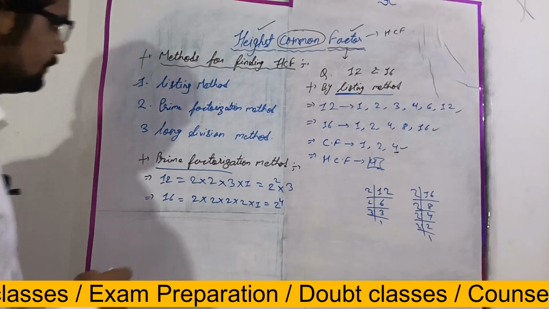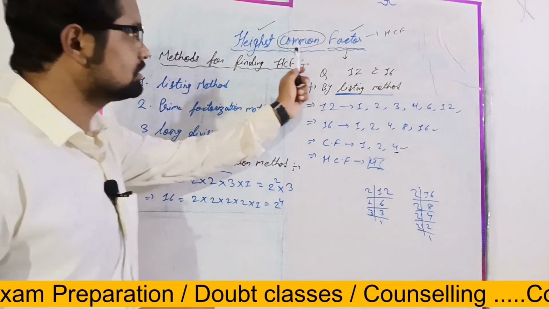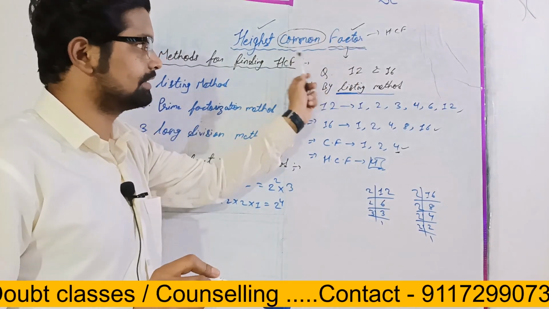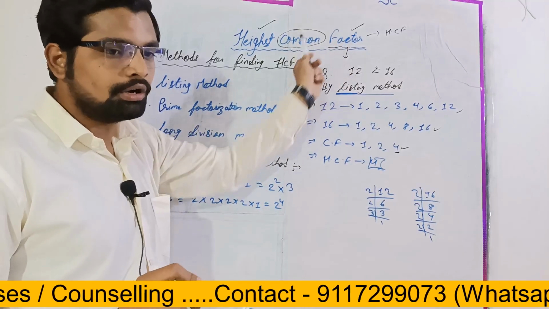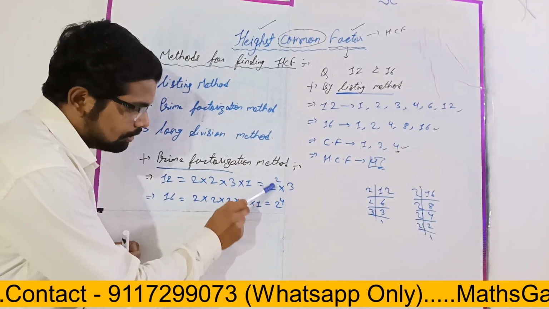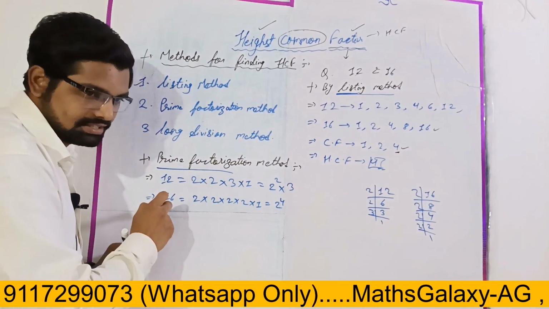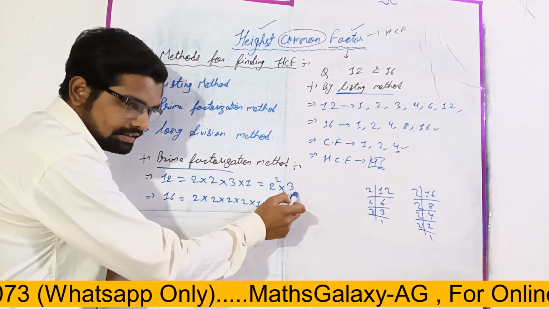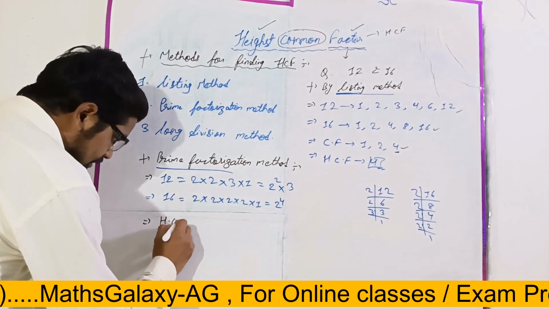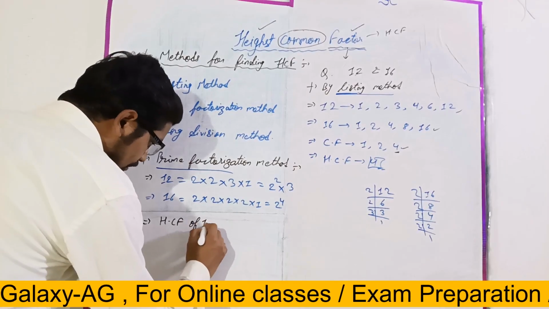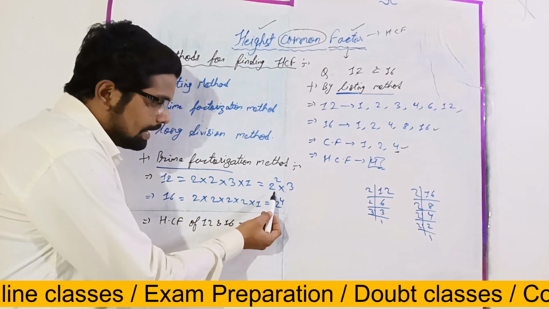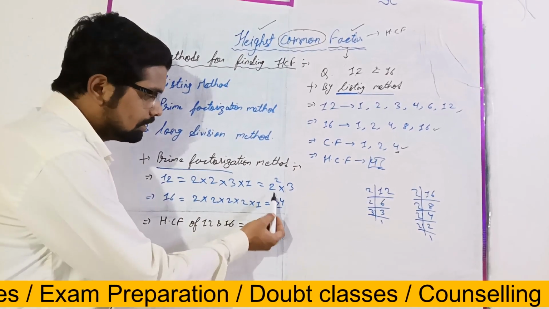As you can see, what are we finding? The highest common factor, right? It means we have to take the common factor. Here you can see 2 is the common factor for both 12 and 16. 3 is not a common factor. So the HCF of 12 and 16 will be made of those factors which are common.